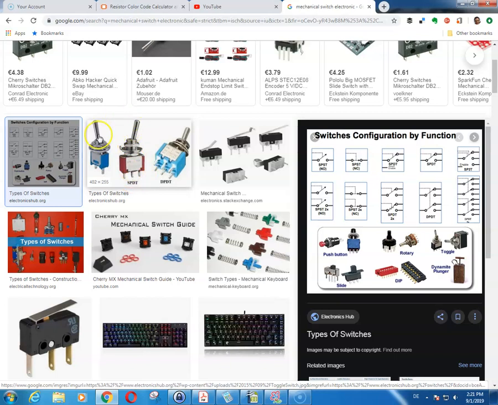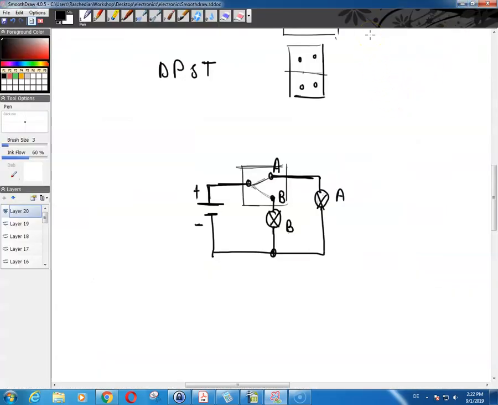On the other hand, if it's in the other position to the left, then the same contact in the middle is connected to this contact over here. So it cannot be in both positions simultaneously. And that's basically that. So that's all you need to know about switches.